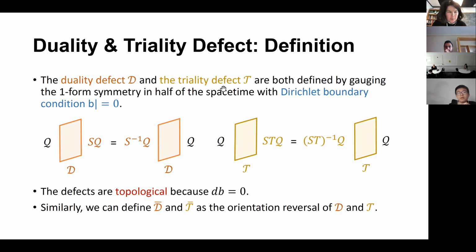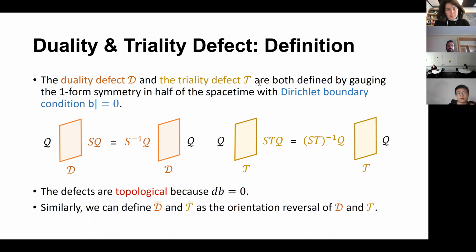Similarly, we can define the triality defect as an interface between the theory Q and the theory obtained by doing an ST gauging. Using symmetry, we can apply ST inverse on both sides. Now we can also think of the triality defect as an interface that separates ST inverse Q and Q. So now we have these duality and triality defects.